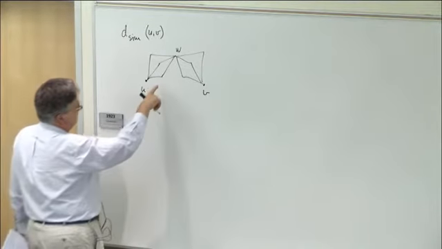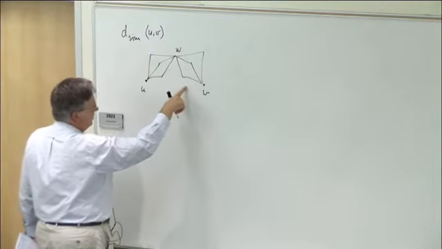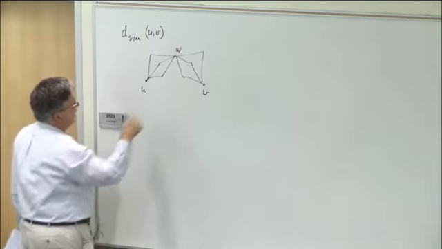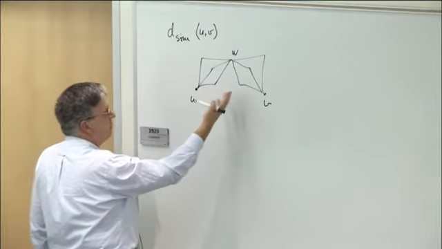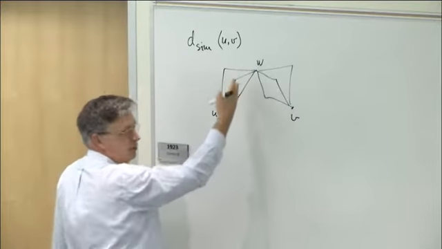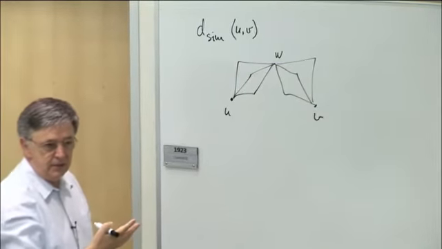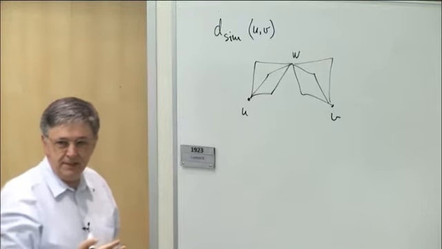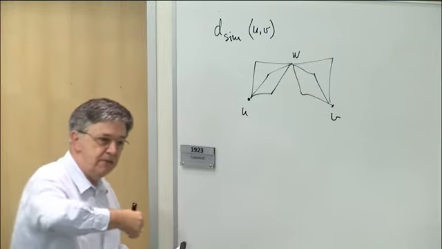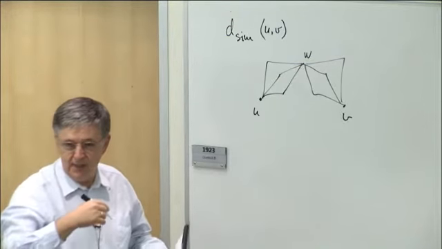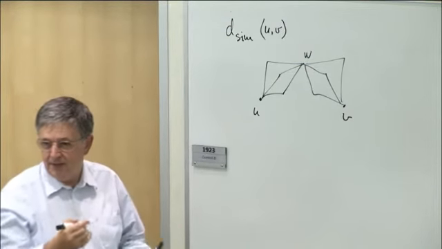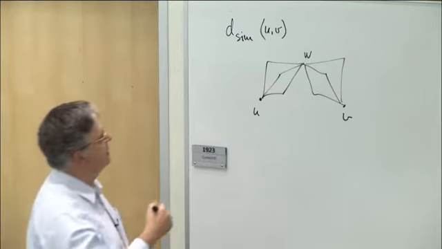And then I take the difference, and I would like this difference to be small for most w's. So in other words, two nodes will be similar if the number of pathways to get in 2 steps to a node w will be about the same, on the average, for every w.